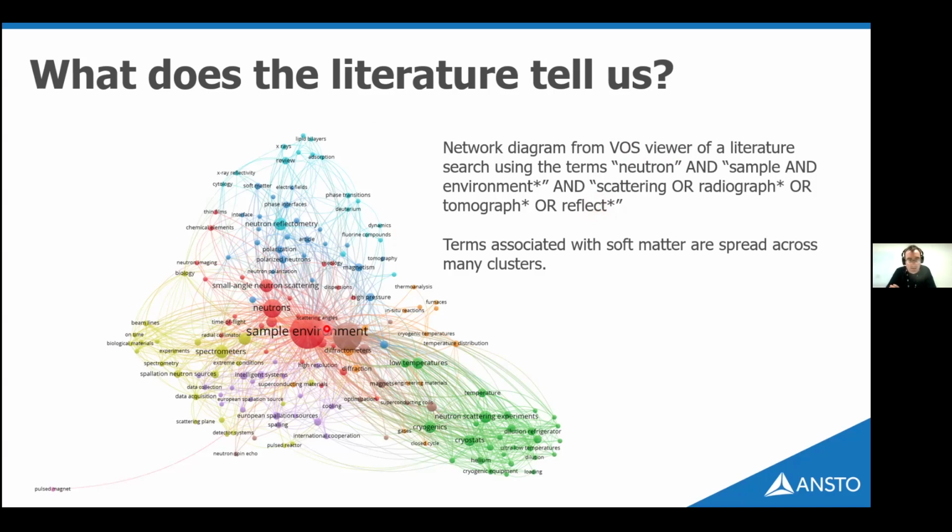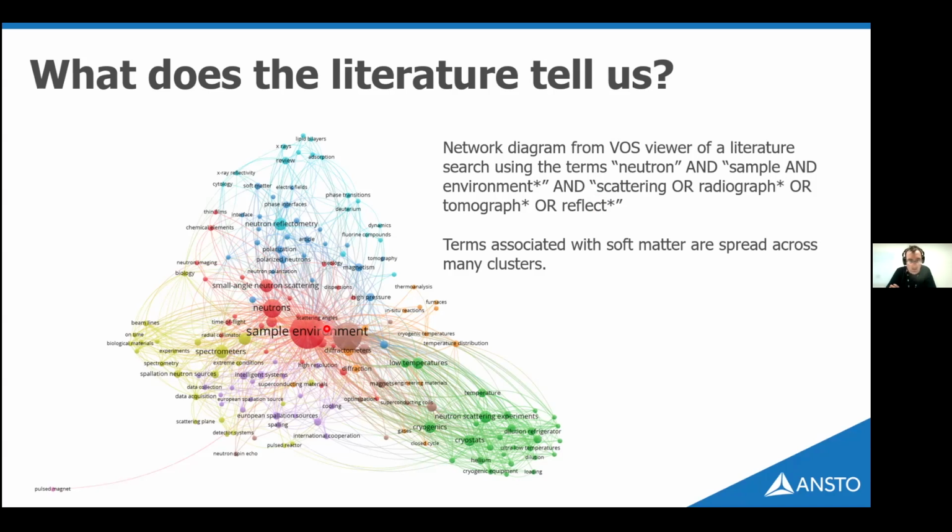The round balls are the various terms, and the bigger the blob, the more times that keyword appeared in the search. The lines show how they're connected to one another, and the different colors are clusters, meaning those terms are closely related to each other.